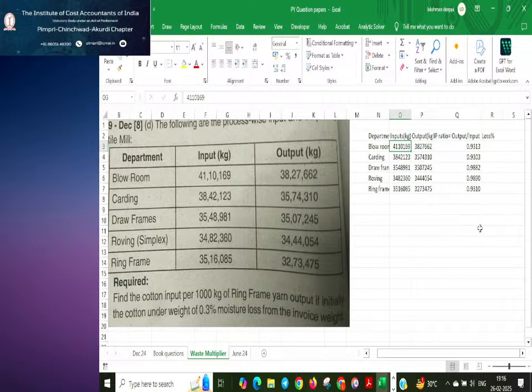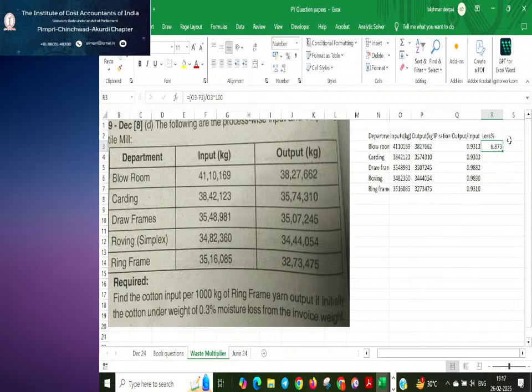So what is my loss percentage? It is the difference between the two divided by the input that goes inside. This minus this, divided by the input, into 100. So this is my loss percentage. Got it?